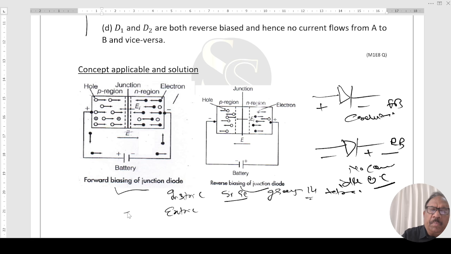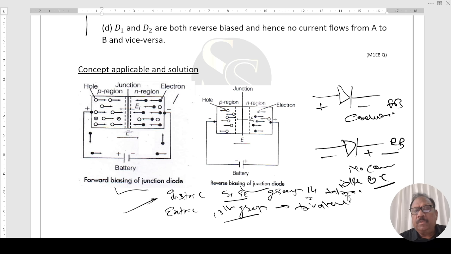In this case, it is a pure form of semiconductor. In extrinsic, some impurities are added, either from the 13th group, that is trivalent, such as boron or aluminum. It becomes P-type.